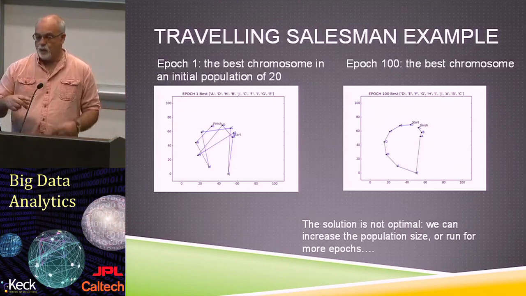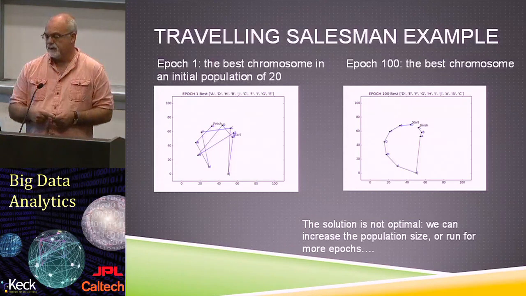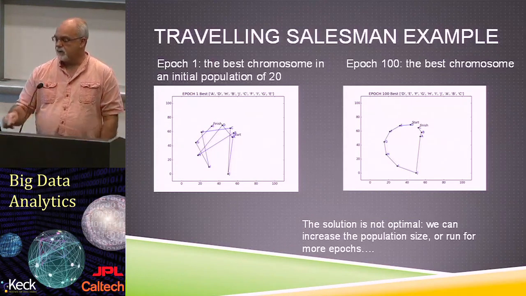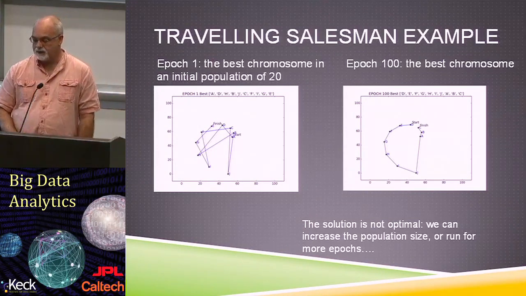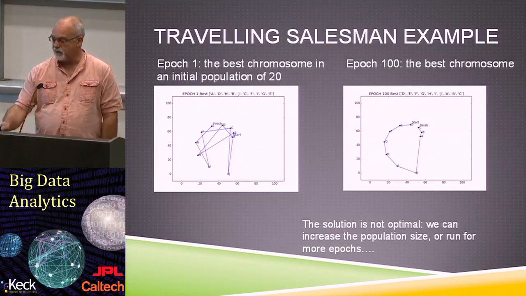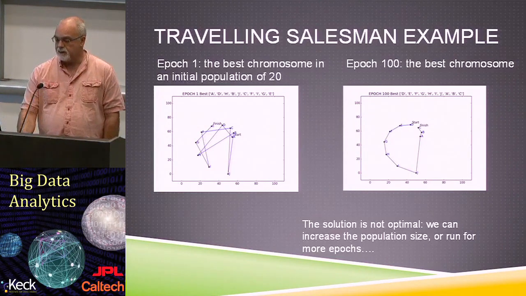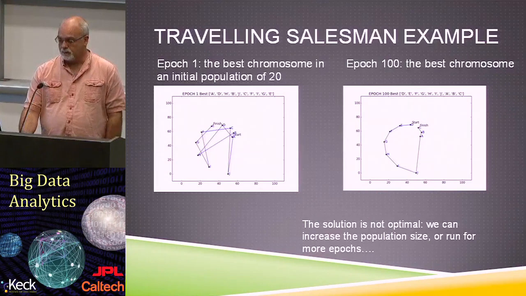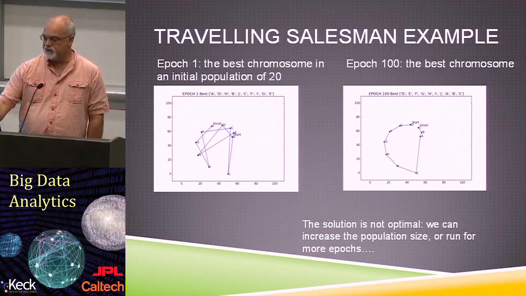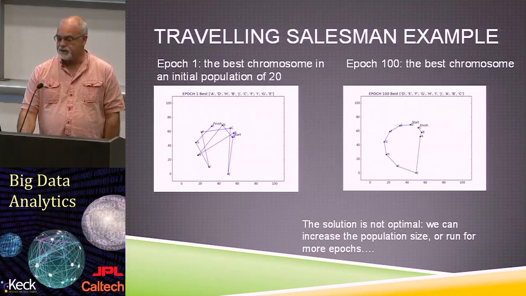Now, if we run our genetic algorithm over many epochs, then at epoch 100 for this particular set of chromosomes, you can see there's some considerable improvement in that the path is obviously approaching a minimum, but there's still a problem because it's making a step between A and J, which it shouldn't make.